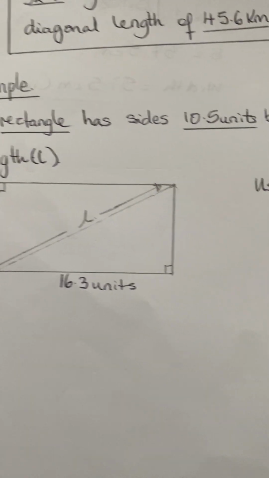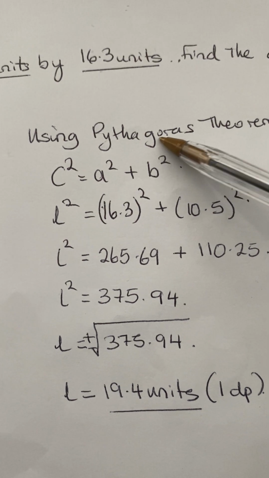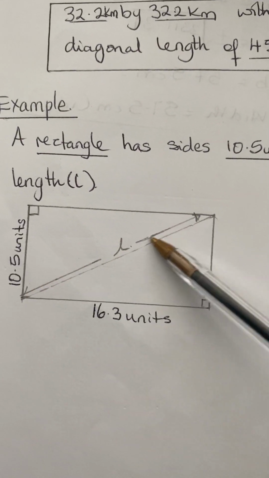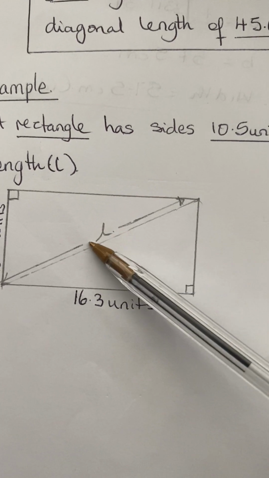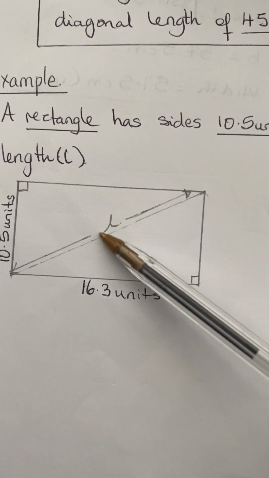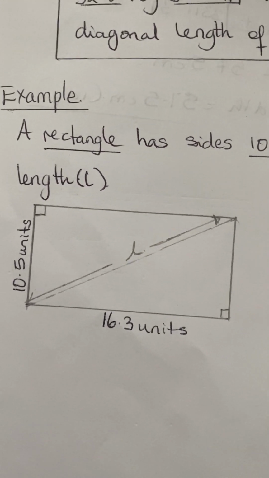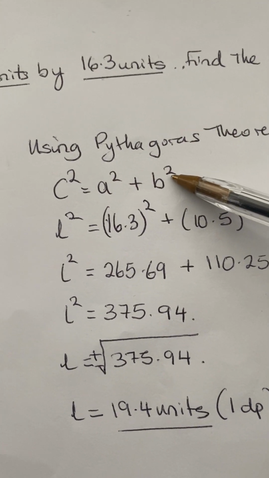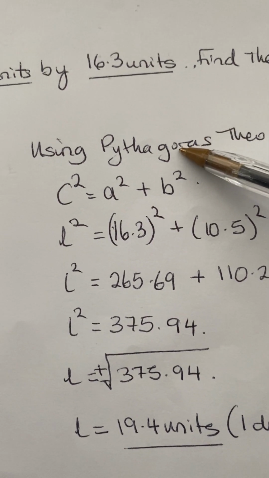So again, we are going to use Pythagoras theorem to find this distance, which here is L. Don't leave your answer as C, because Pythagoras says C squared, you are just applying that.